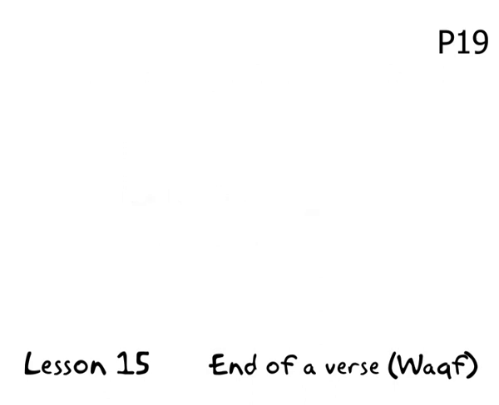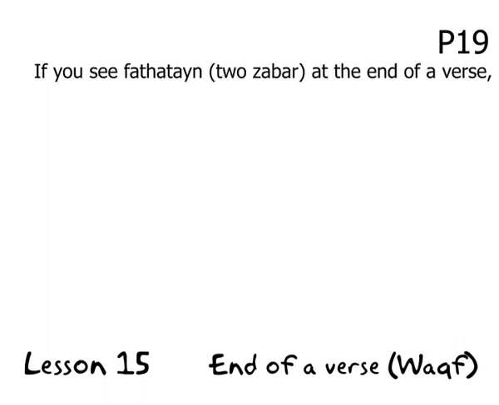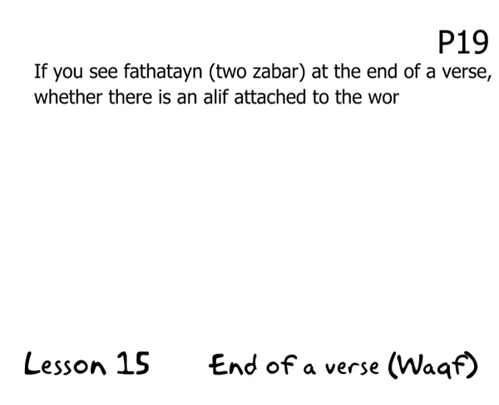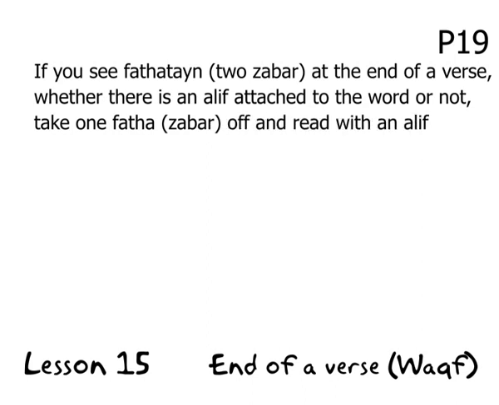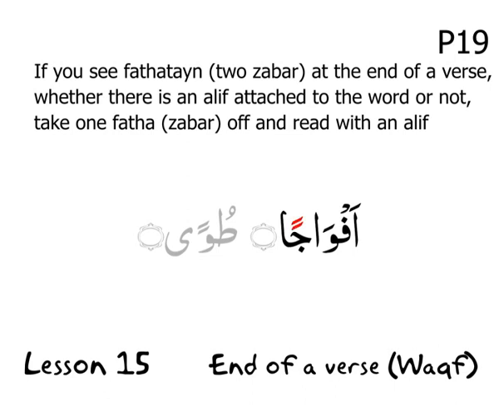If you see fathatain, 2 zabar at the end of a verse, whether there's an alif attached to it or not, take one fatha, one zabar off and read with the alif. Let's look at the first example. Afwajan. There's an alif there already. Look what it becomes.